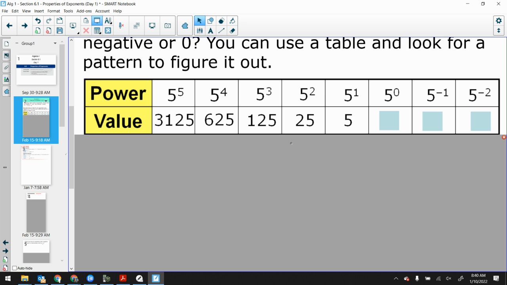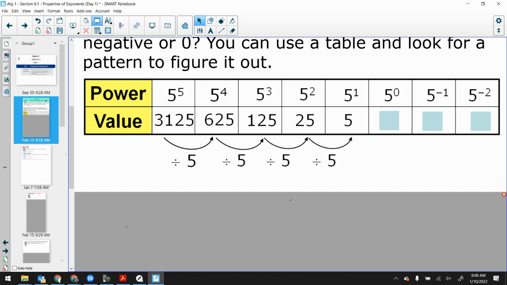Instead of multiplying, dividing by 5, going from left to right. Right? I'm dividing by 5 each step. You may not be able to see it from 3125 to 625, or maybe even 625 to 125, but you can see it from 125 to 25. 125 divided by 5 is 25. 25 divided by 5 is 5. These are the powers of 5.